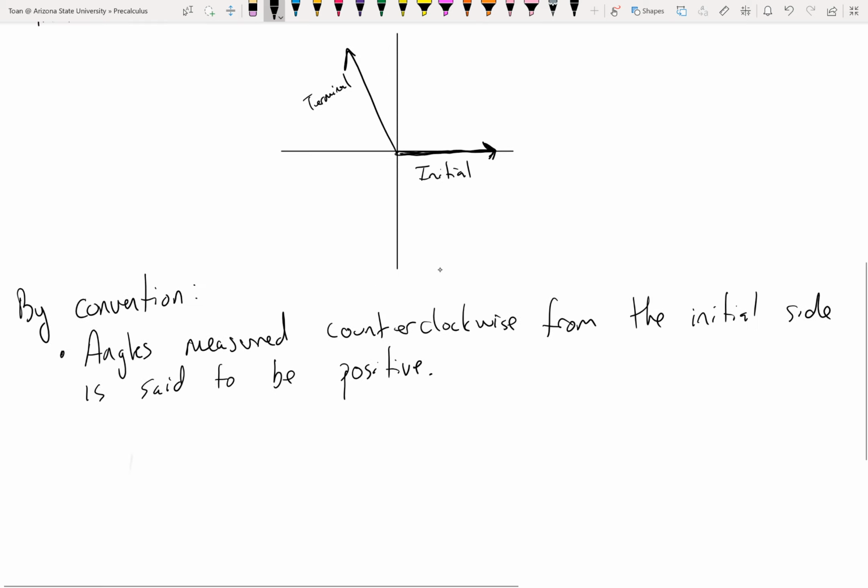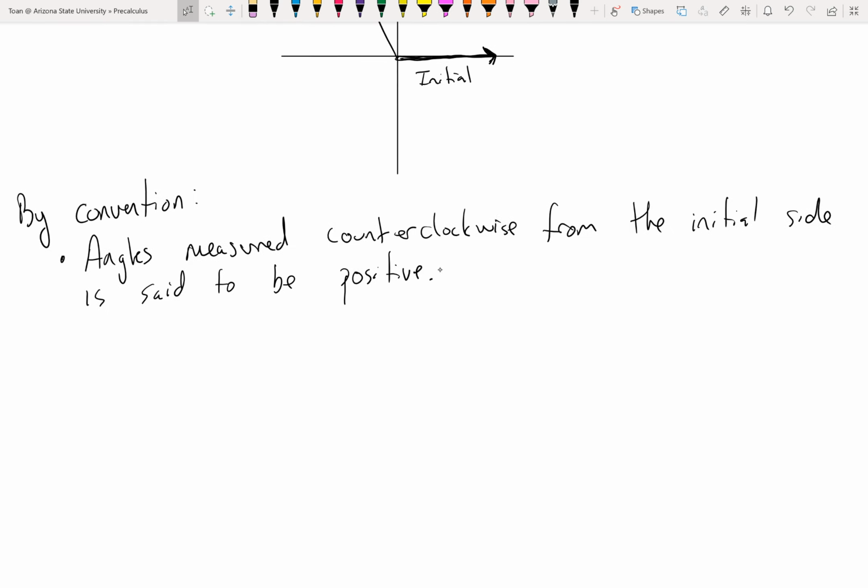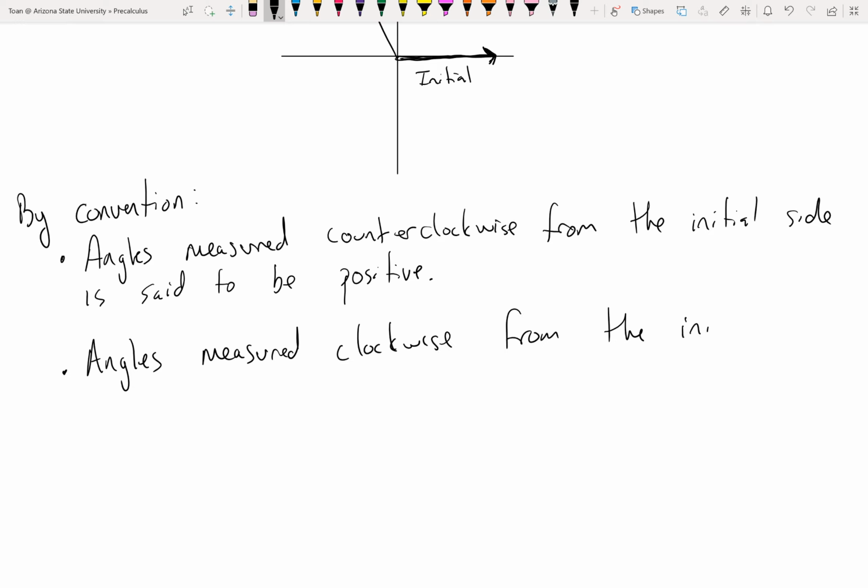So angles, even though it's an amount of rotation and physically it doesn't seem to make sense to have a negative rotation, but by standard convention we consider angles positive if you're measuring counterclockwise, and likewise negative if you're measuring it clockwise. Angles measured clockwise from the initial side is said to be negative.